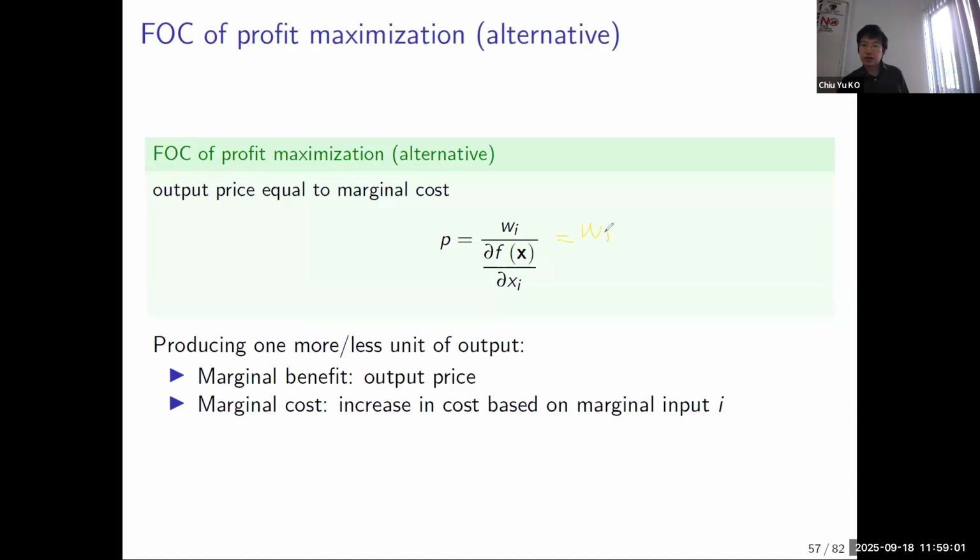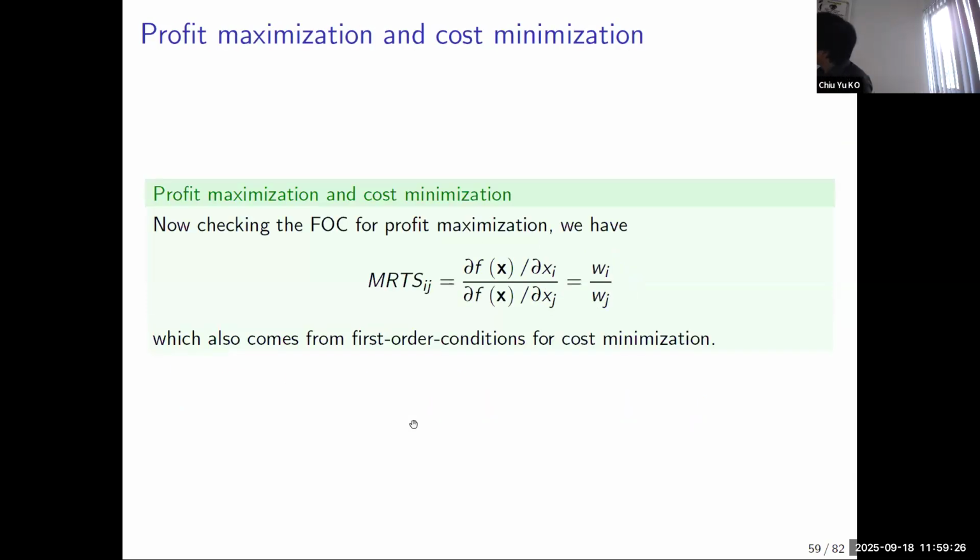You should have Wj here. You should also have DF over Xj. You can just swap, which gives the input price ratio, the MRTS. So you will get the same equation there, which is not surprising because you're maximizing anyway. So it's a more complicated problem, but you should also solve the same thing.